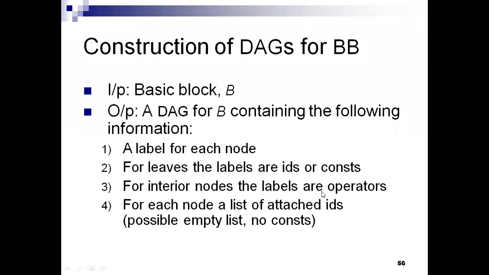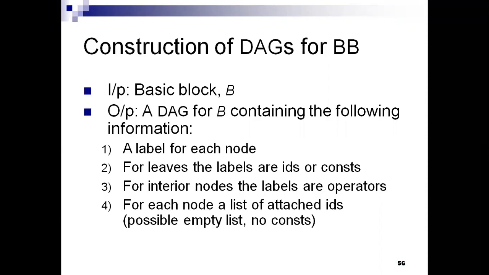So, how do we construct the DAG? Construction of the DAG needs an input and an output. The input is a basic block B, and the output is a DAG for B. We are constructing the DAG for basic blocks, right? Here B contains the following information: a label for each node.